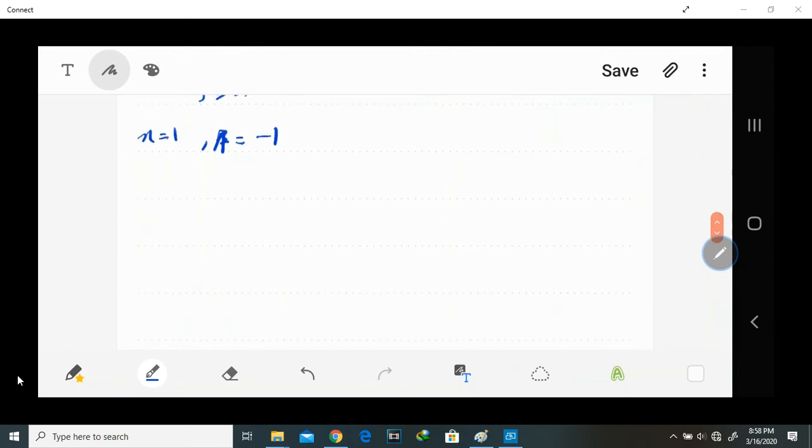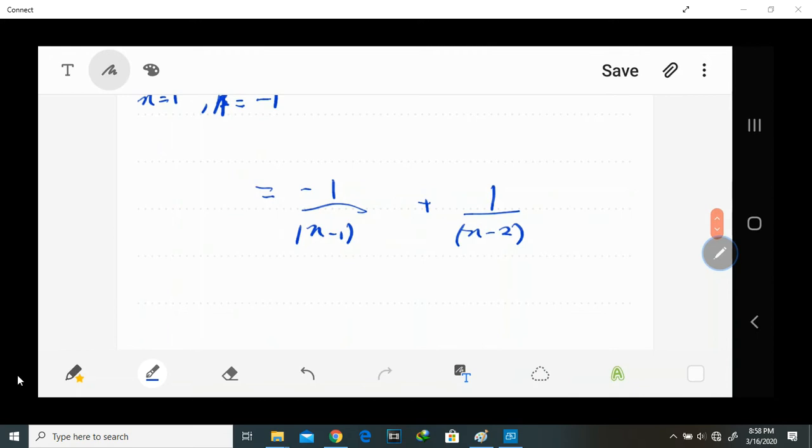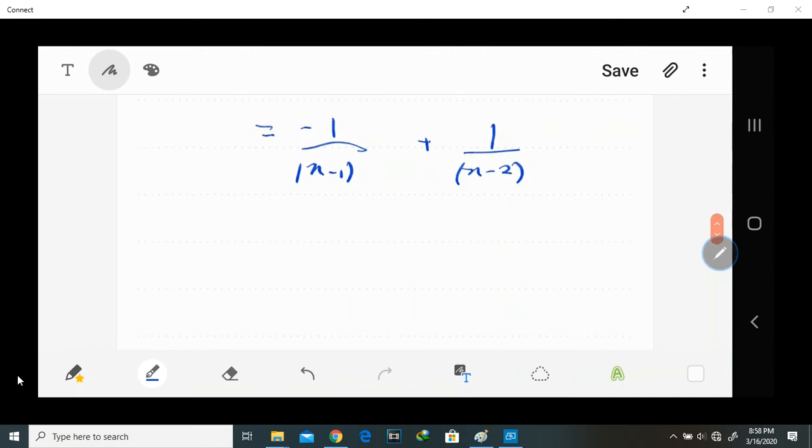So you have the partial fractions as minus 1 over x minus 1 plus 1 over x minus 2. So this is the simplest of the sums you could get.